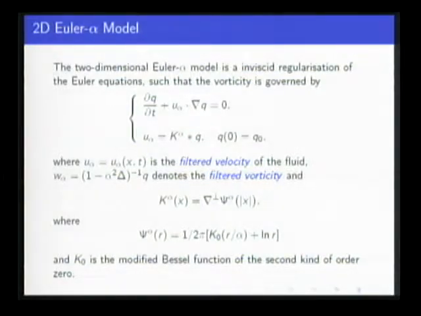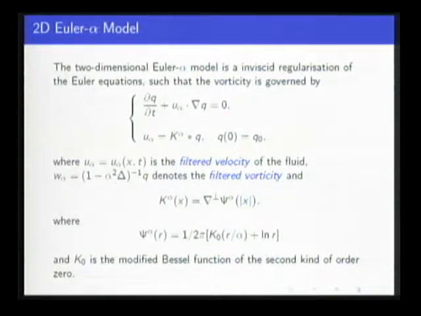The alpha model is an inviscid regularization of the Euler equation, where we have that the vorticity satisfies this system here, and we have that here, my u^alpha is the filtered velocity, omega^alpha is the filtered vorticity, and as in the Euler equations, we have that our filtered velocity can be recovered from the vorticity using a convolution with now a smoother kernel K^alpha.